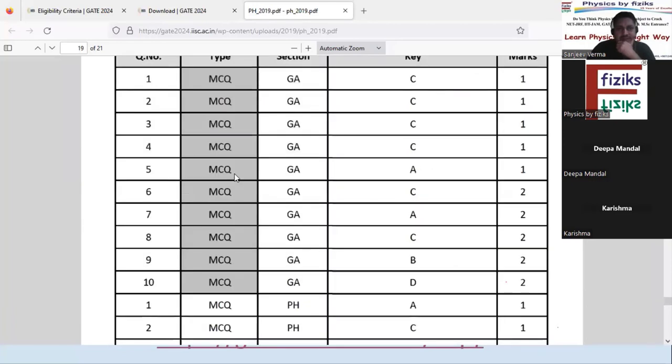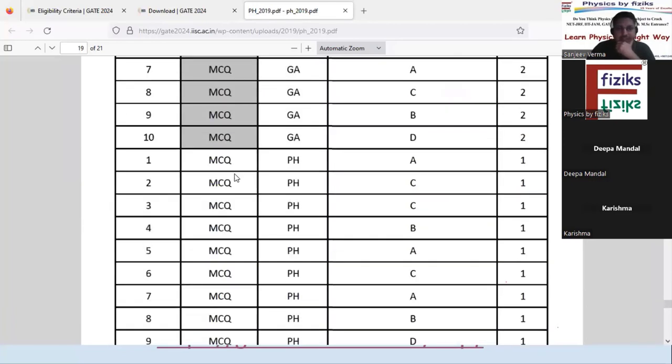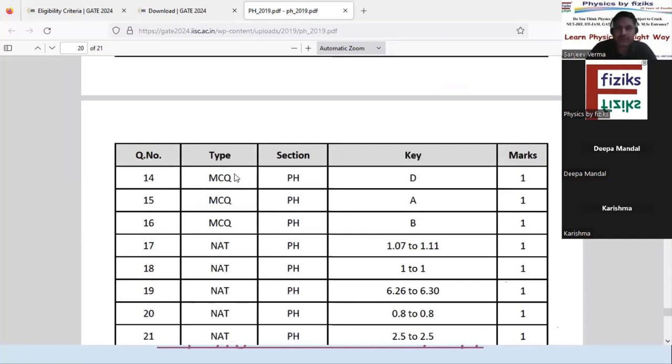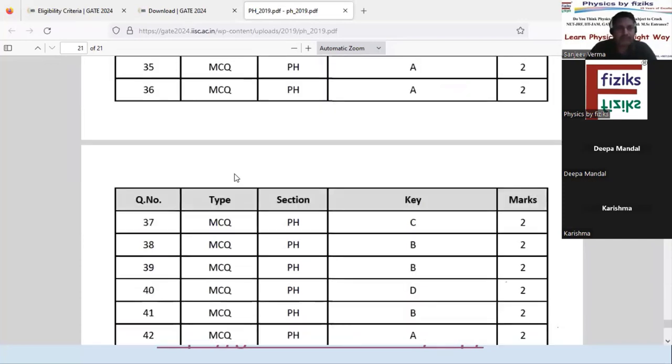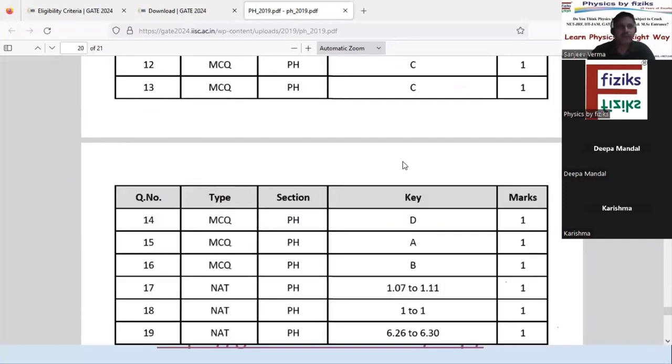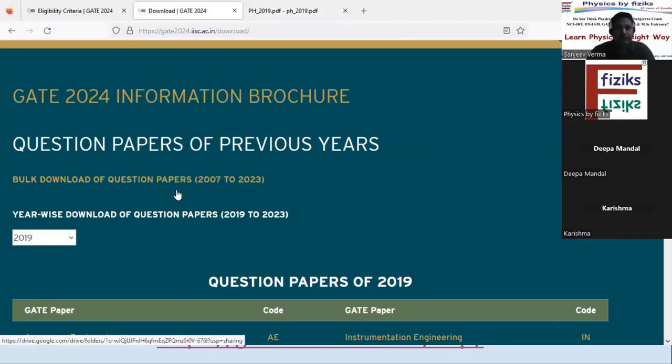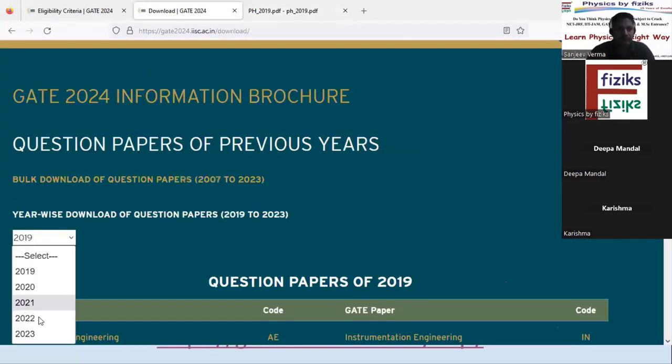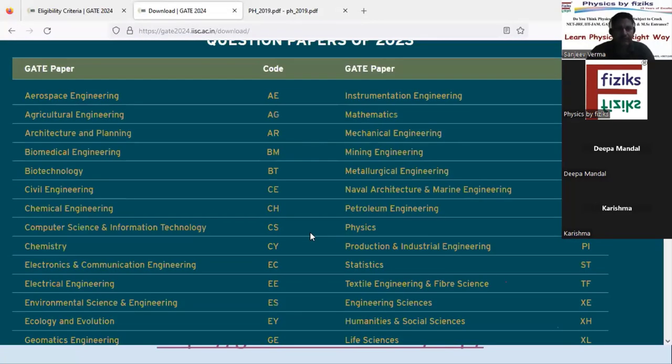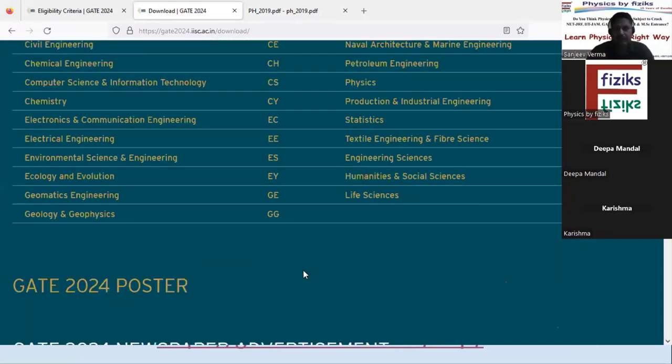So these are the questions. Now they have changed, I think, their number of questions. You can go through. If you look at 23, you can go over here.